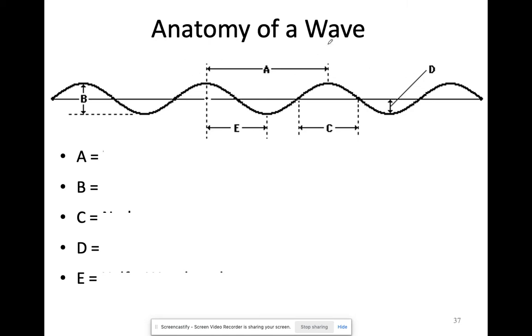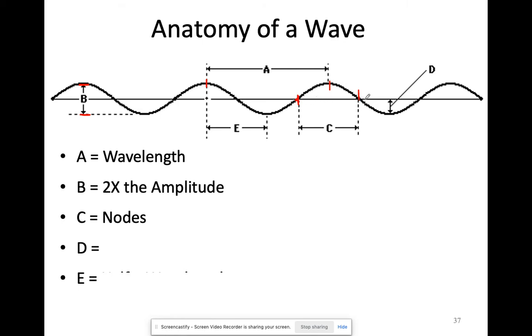All right, coming back. A would be saying from this point to this point, and that would be a wavelength. B is actually not from equilibrium, but from the bottom of a wave to the top of a wave, the two extremes. That would actually be 2 times the amplitude. C is saying from this point to this point, or really I'm focusing on these points in general, and that's why I say that's a node.